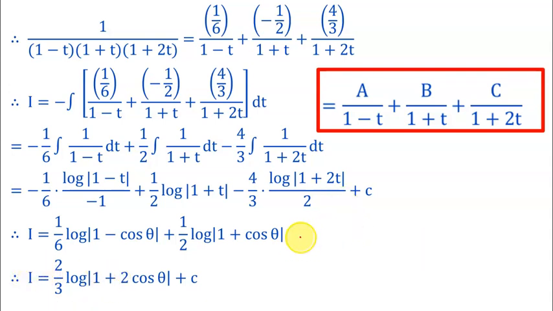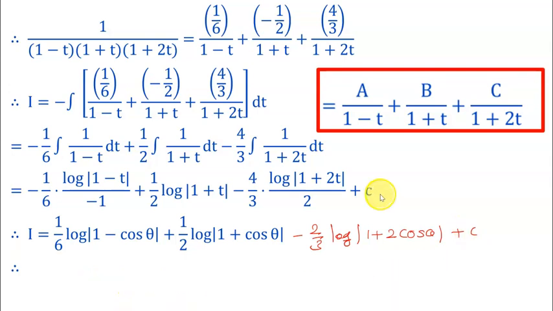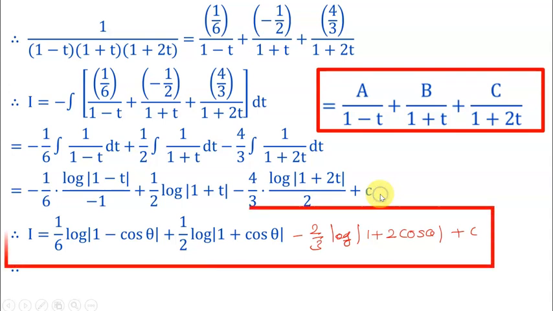This is the last term, which is minus 2 upon 3 log of mod of 1 plus 2 cos theta, plus c. And after simplification, therefore this is the answer.